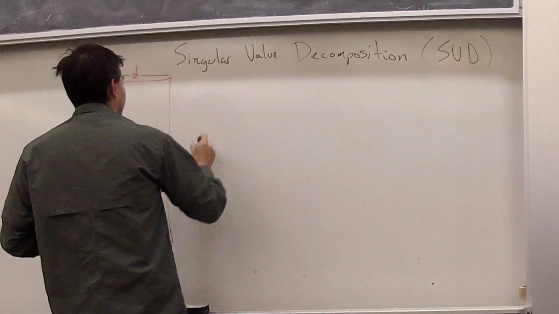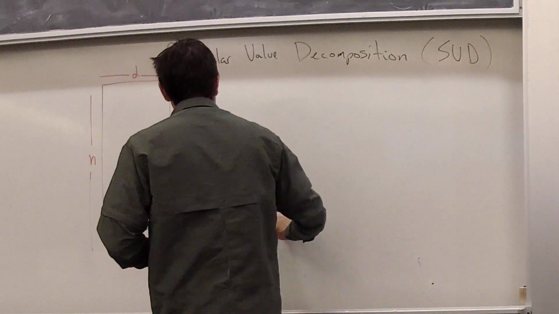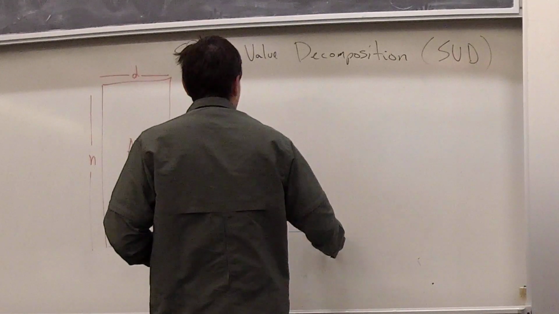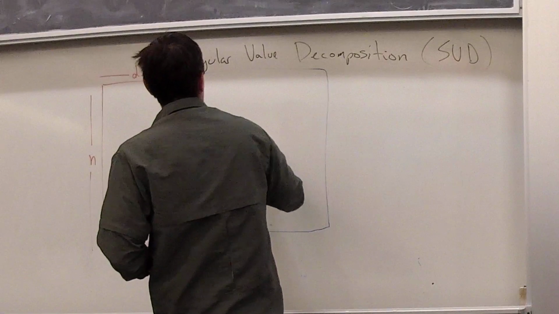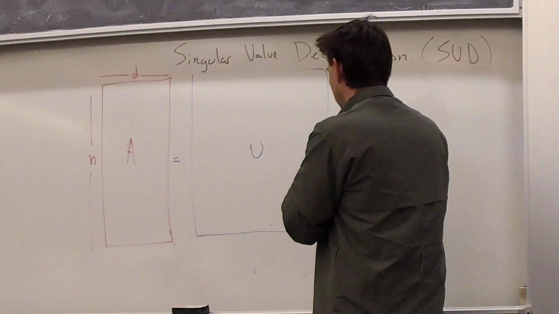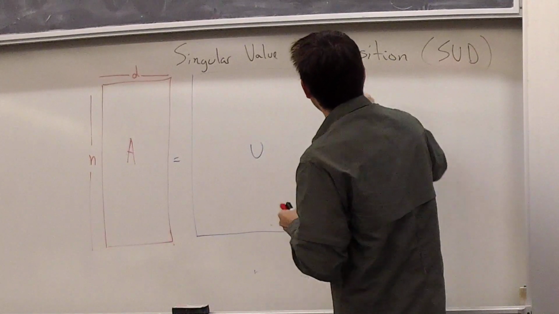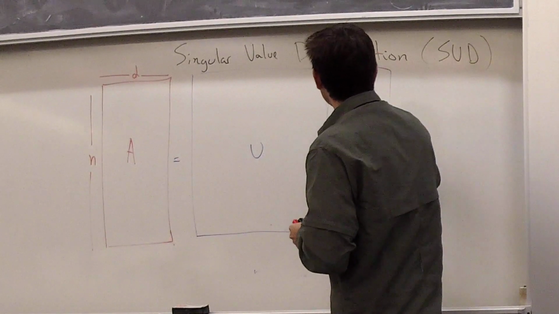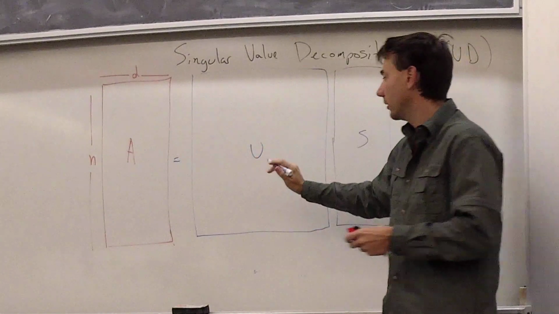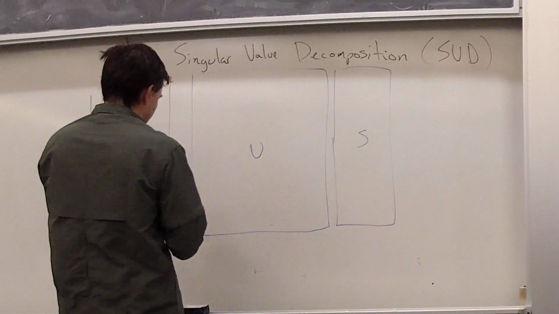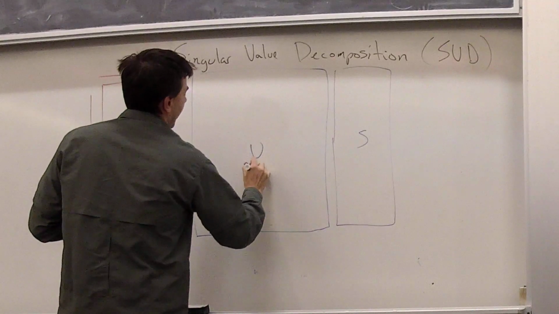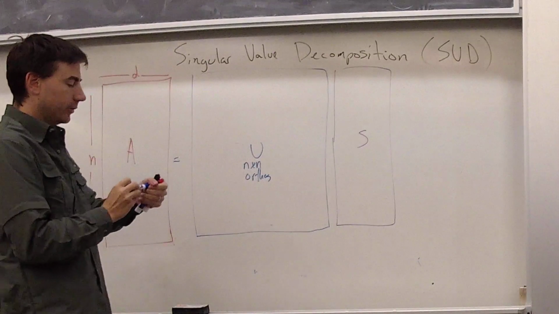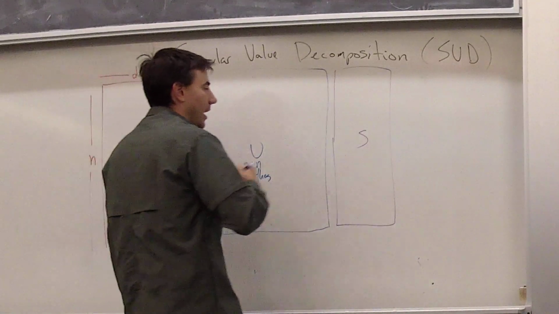But this is a decomposition into the product of 3 matrices. The first one is U, the second one is S. U is n by n, and it is going to be orthogonal.